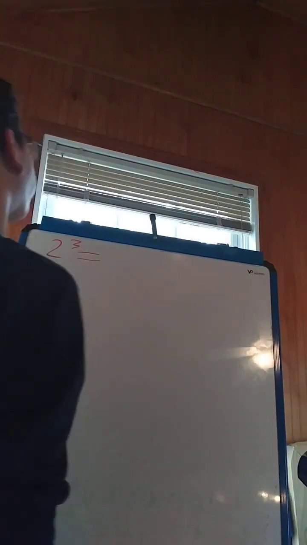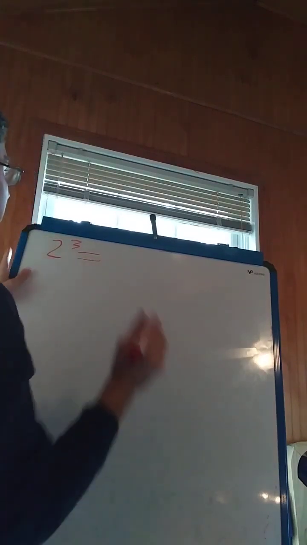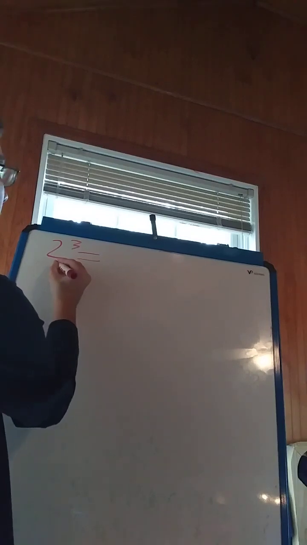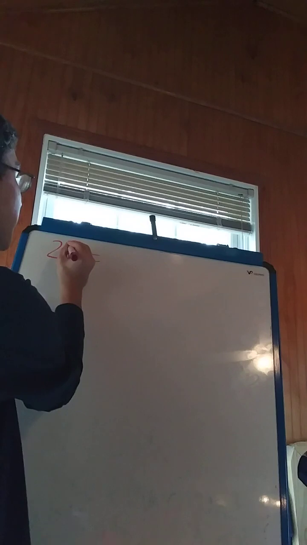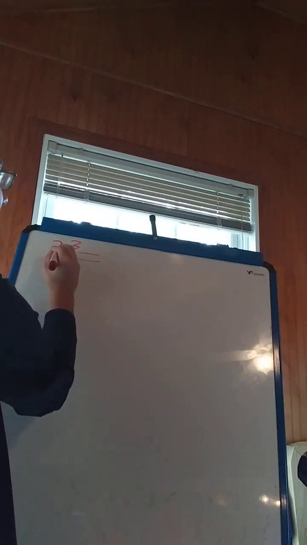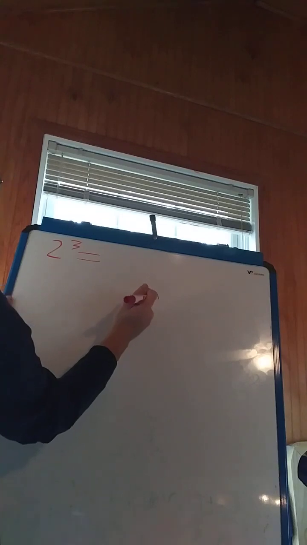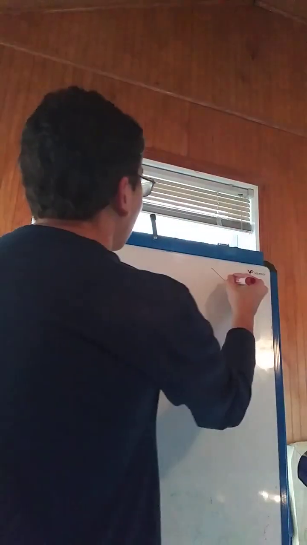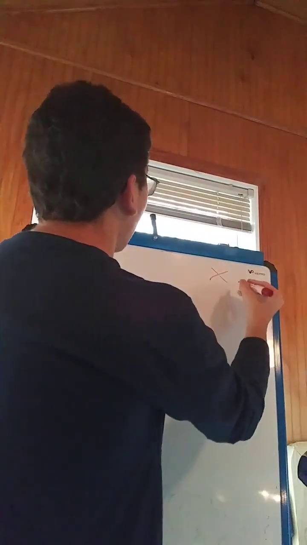Now, this is the number that you are multiplying by, and this little number is how many times you're going to multiply it. And you can do this easily on a calculator. So, multiplying is the rule.